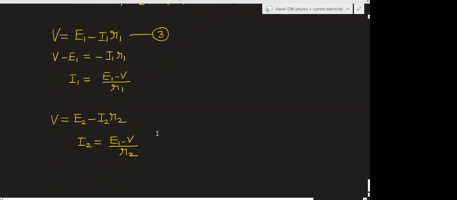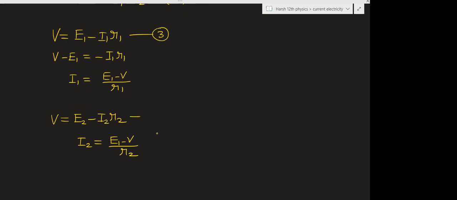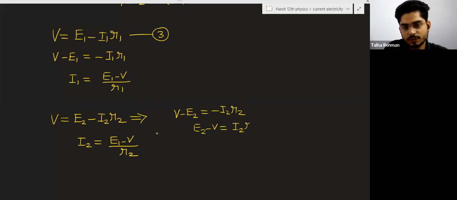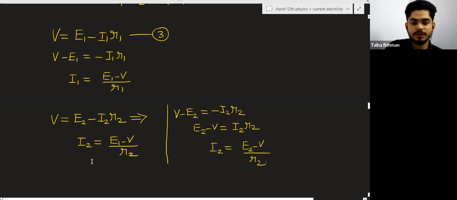See how you will find it: V minus E2 is equal to minus I2 into R2. Now take minus common, so you will write E2 minus V is equal to I2 into R2. Now from here you can calculate I2 is equal to E2 minus V divided by R2.